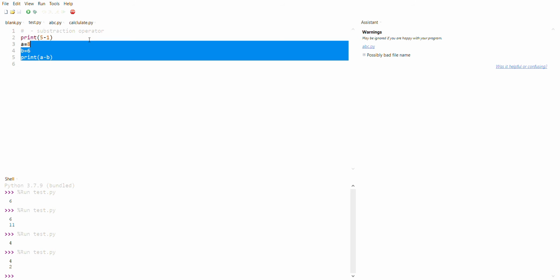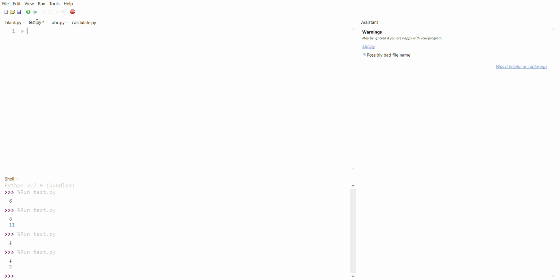So guys, let's move to our next operator. The next operator we're going to understand is multiplication. We assign the multiplication operator as a star. The multiplication operator simply multiplies both the objects.